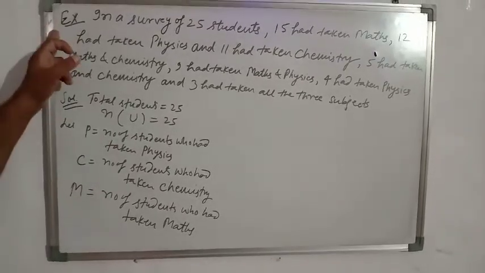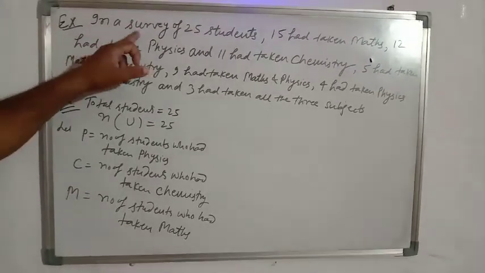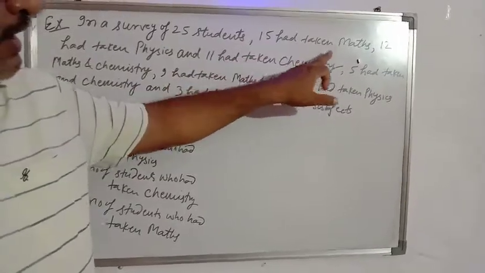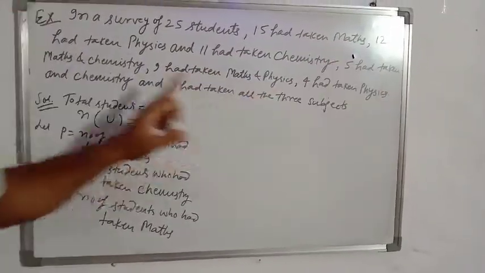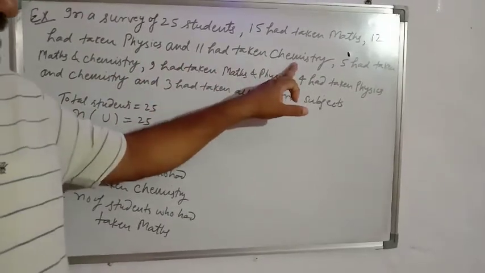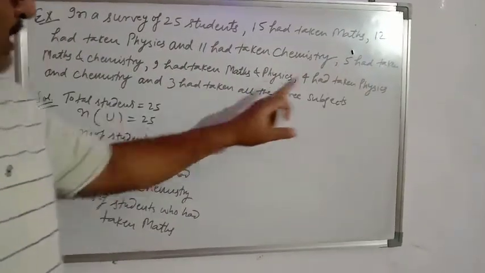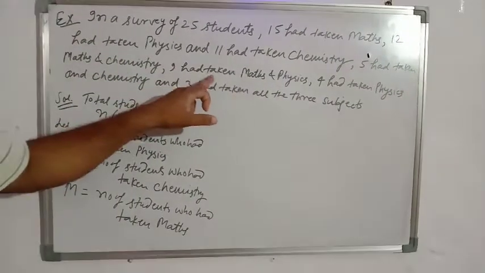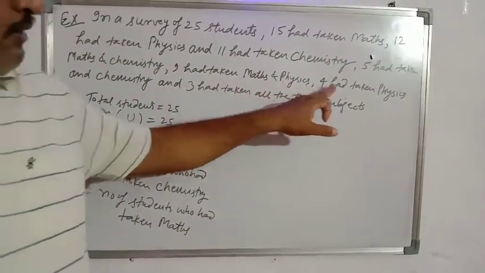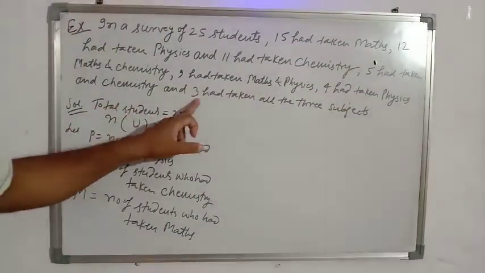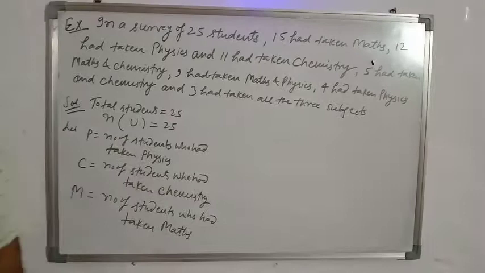See this example. In a survey of 25 students, 15 had taken math, 12 had taken physics and 11 had taken chemistry. 5 had taken math and chemistry, 9 had taken math and physics, 4 had taken physics and chemistry, and 3 had taken all the three subjects.